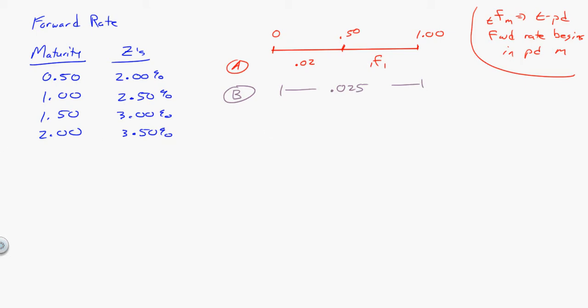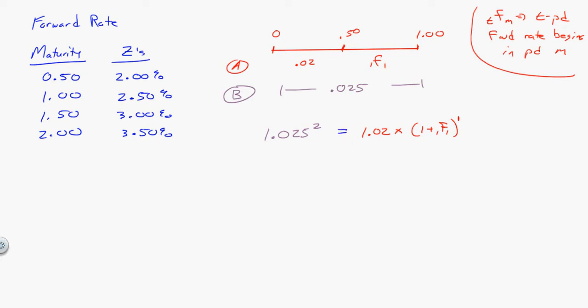Say this: you can invest whatever amount of money at 2.5% for 2 periods, or you could invest at 2% for 1 period and then reinvest again at some unknown rate, the forward rate, for 1 period.